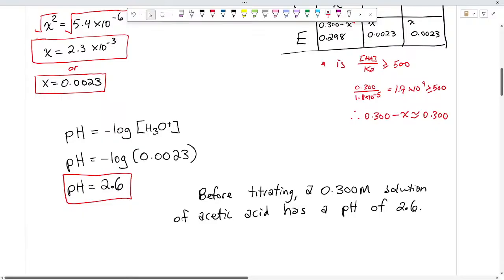We start with that. Now the problem is, when we titrate, we're actually really going to mess this equilibrium up. How? Well, let's look at it.